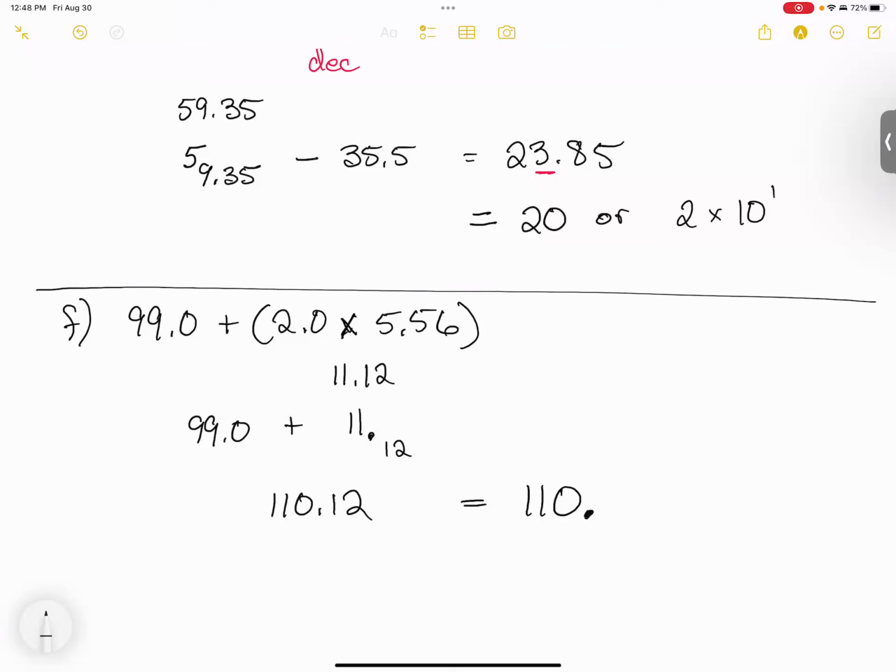In other words, in 0.0002, the zeros before that first non-zero are not significant. So you don't even start counting until you get to the first non-zero. Then that's when you start counting them.